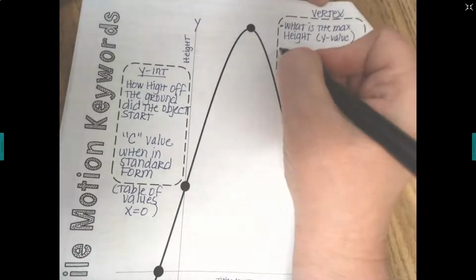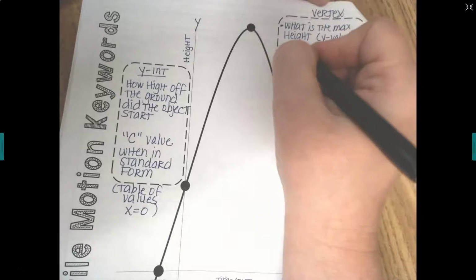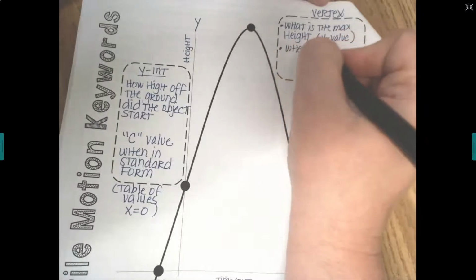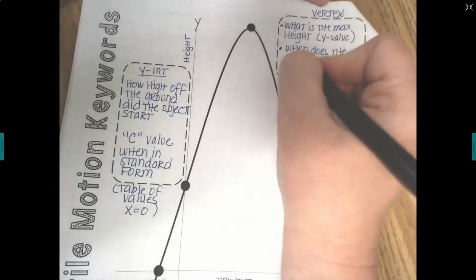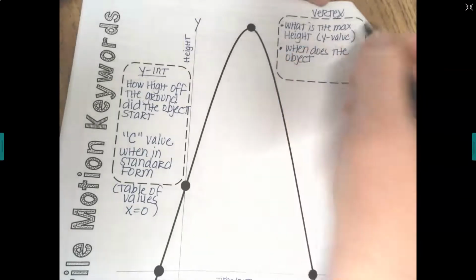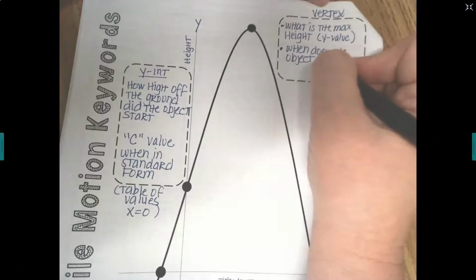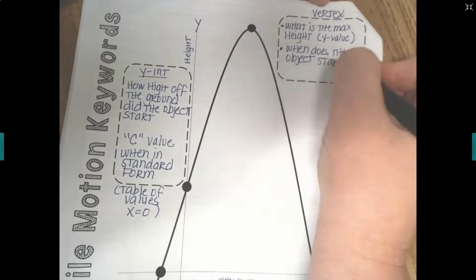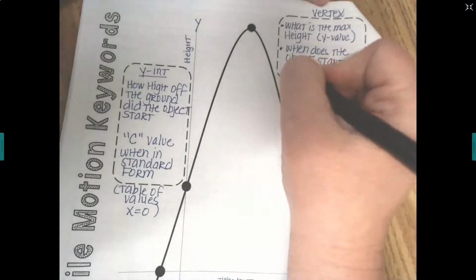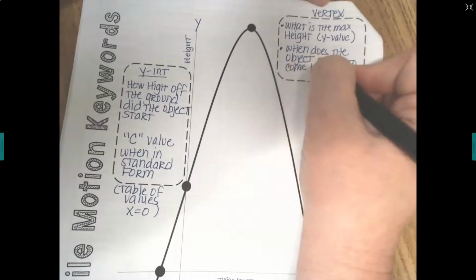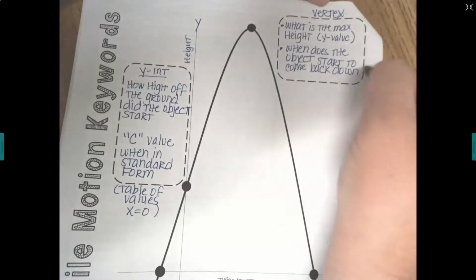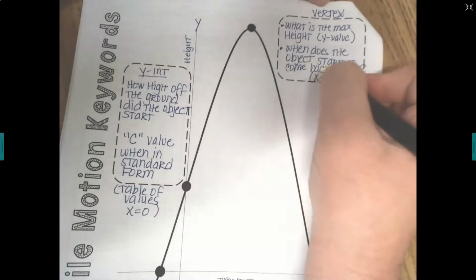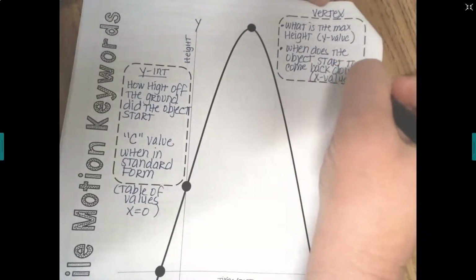So that would be talking about the x value of the vertex. And when it asks that question, that is the x value of the vertex.